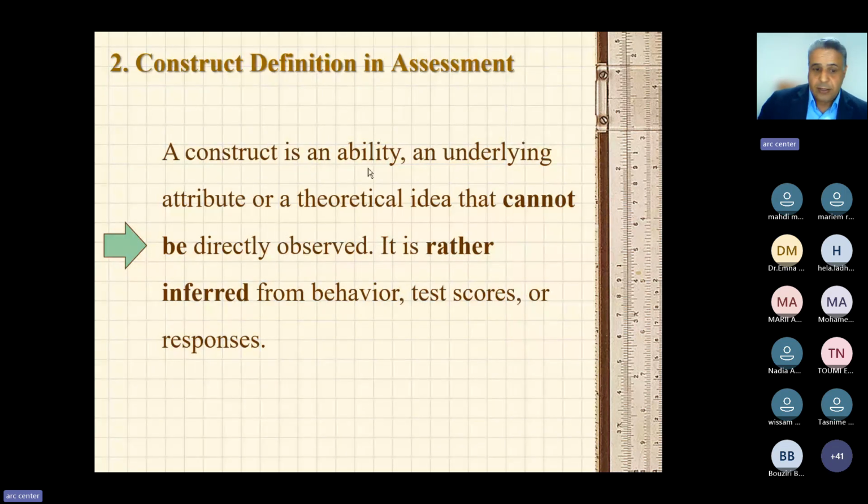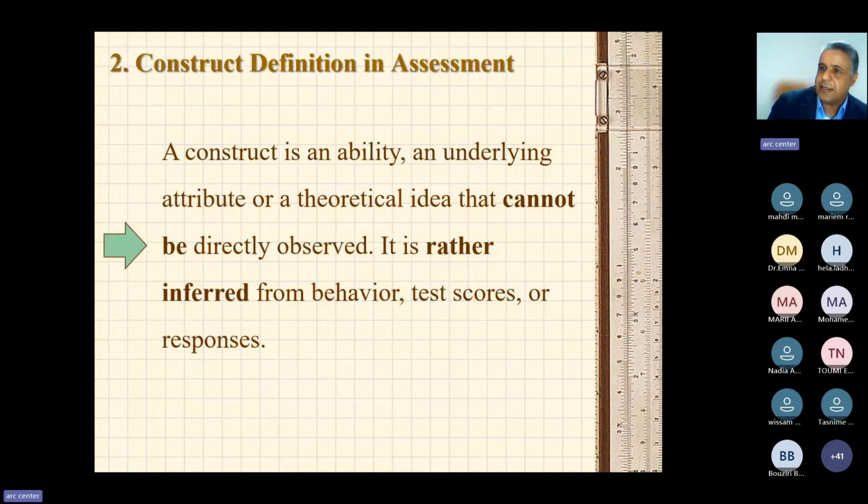So take a construct such as reading ability: you want to measure the reading ability of a learner. Can you observe that reading ability? The answer is no. We can only make an inference from the behavior, the way the person behaves.